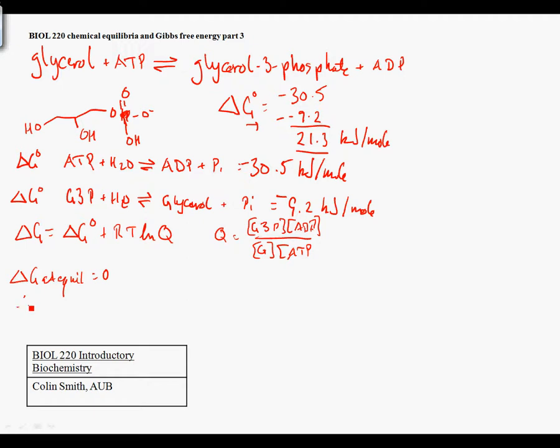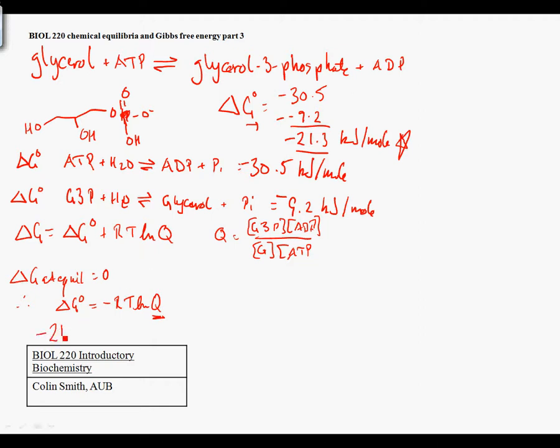Therefore, delta G at standard conditions is going to be equal to negative RT ln Q. And we want to find at equilibrium what is the value of Q, knowing that the change in free energy of this reaction is negative 21.3.